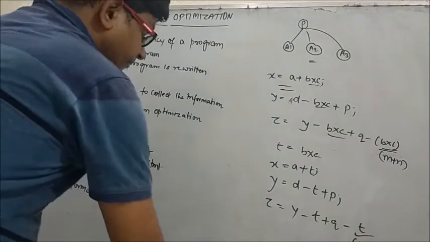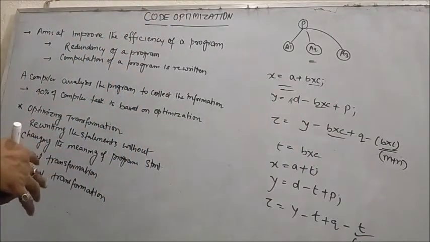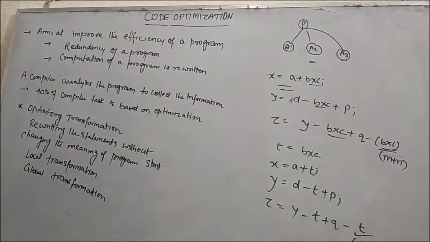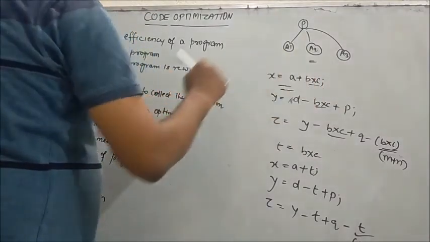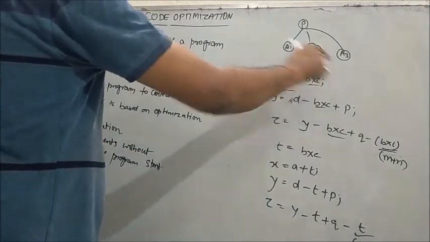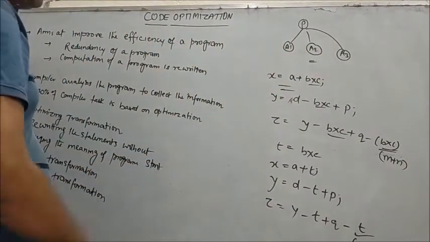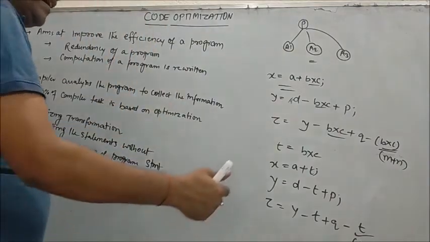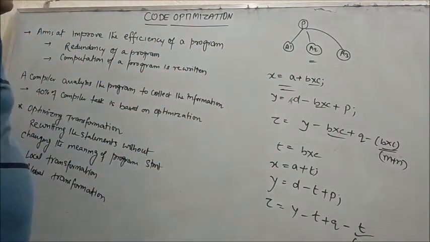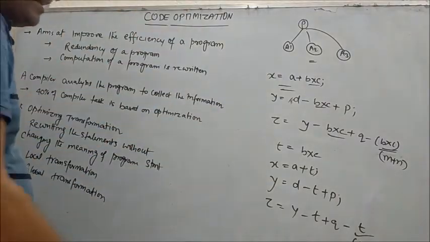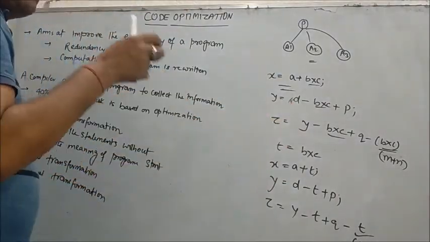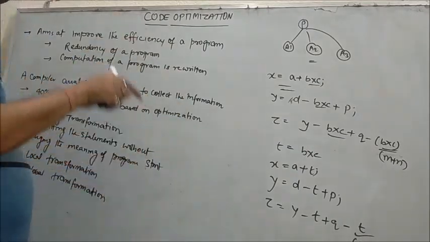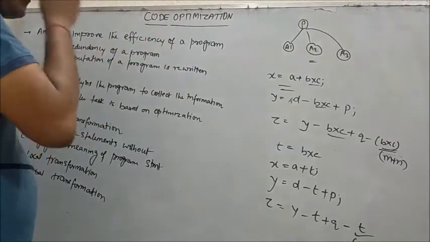So here what we have done, in these two codes, both codes are same, but in the first statement every time we have calculated b into c, but in the second code I have calculated only once, that is t is equal to, let's say t is any variable, not a temporary variable, let's take any variable, and I have stored the multiplication of b and c in t, and wherever b into c is being called, I will just put t.